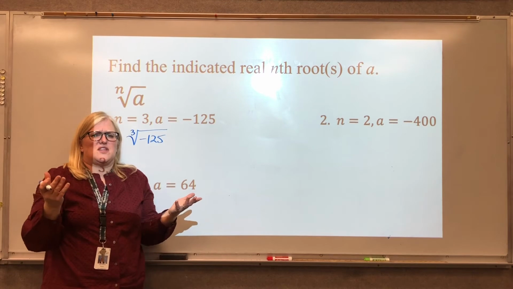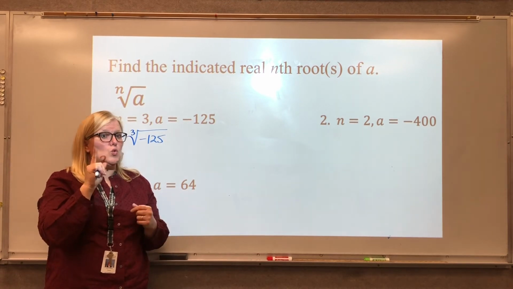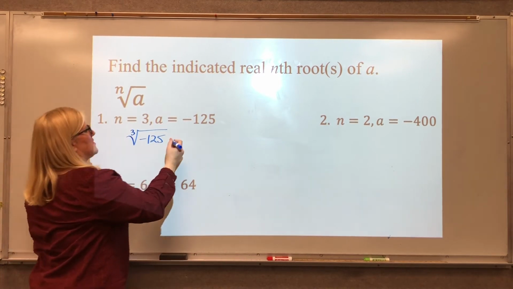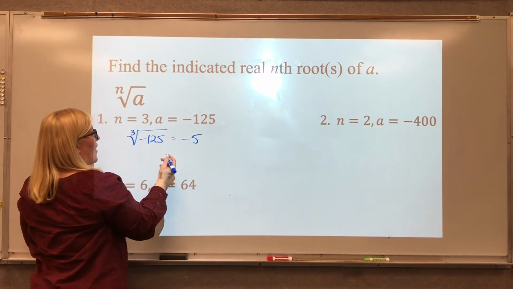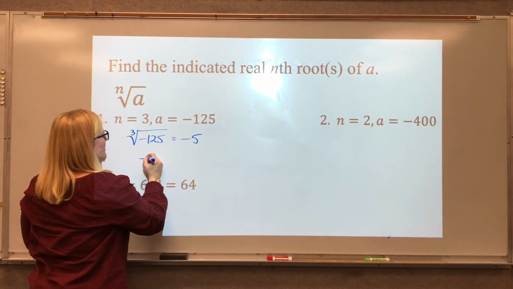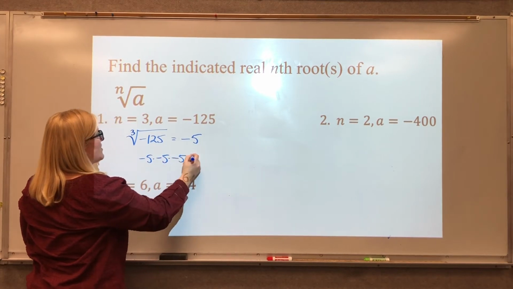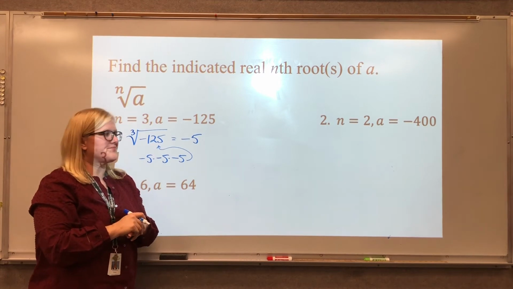We can't use it if it's under the radical sign, if it's negative. Ooh, but we can, because it is a cube root. So this is actually negative 5. So how can I check that? Well, negative 5 times negative 5 times negative 5 is negative 125.